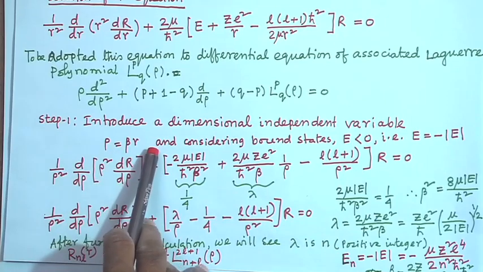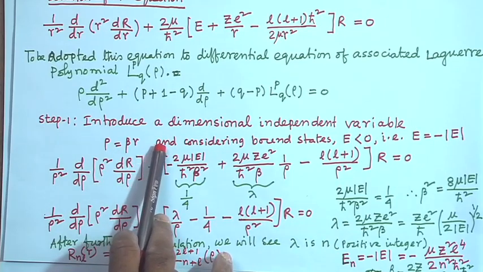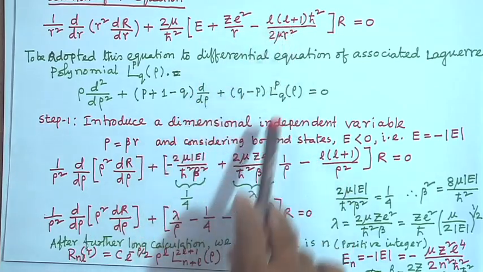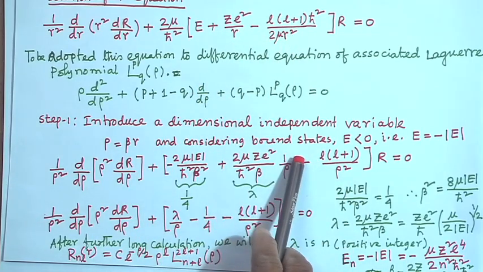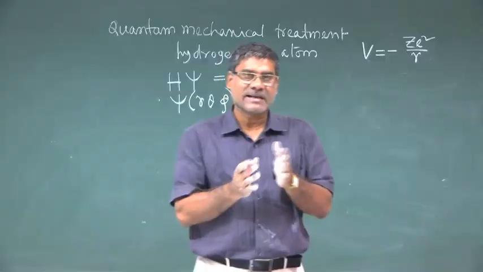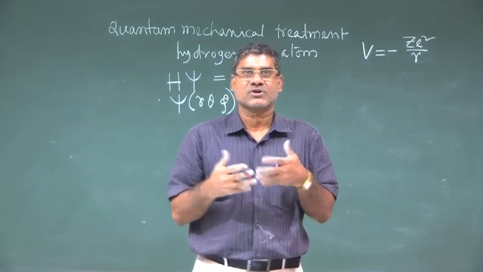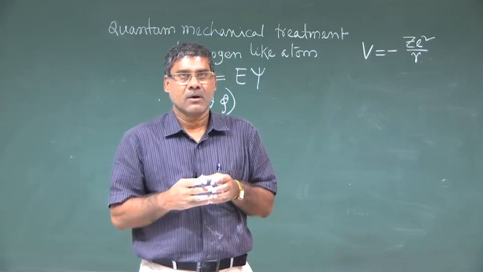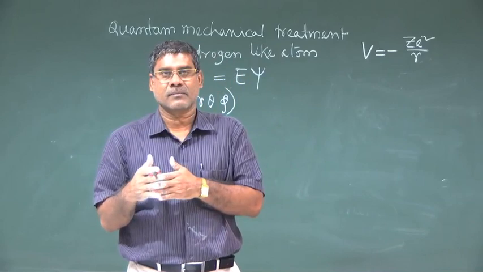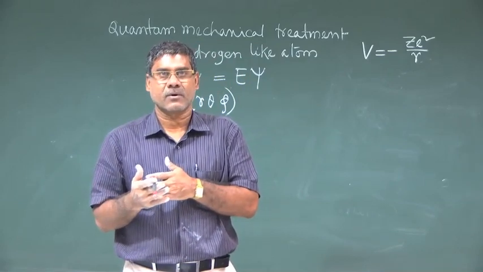we do not know what it is. Also, in this equation, we consider that E is less than 0. E can be less than 0, it can be greater than 0. When E is less than 0, then we say it is a bound state. When E is greater than 0, it is not a bound state, it is an unbound, continuous state.